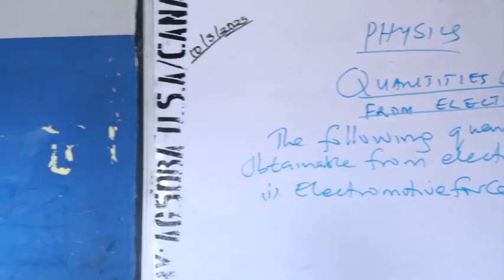Because of time, that shows how well you are preparing for the class. There are two definitions I gave last week. One, we said electromotive force can be defined as the work done in bringing a unit positive charge from one point to another in an open circuit.